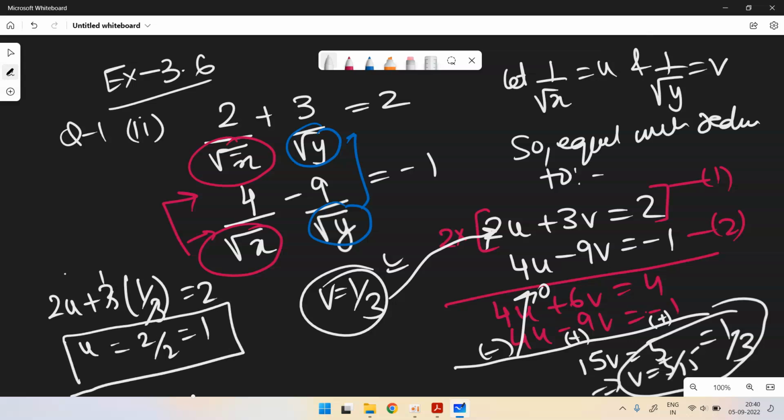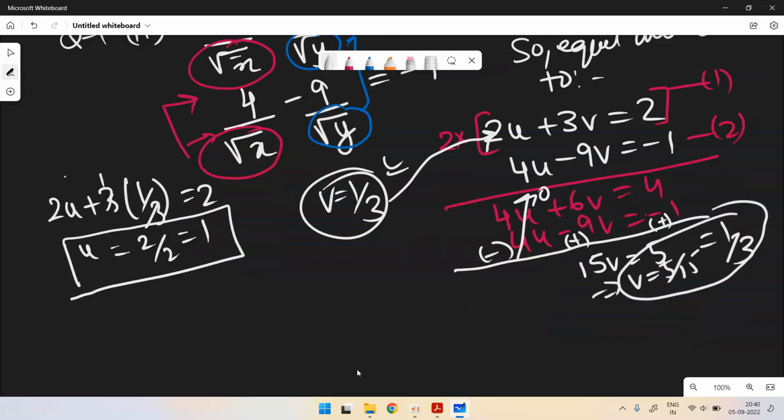Now we know what u and v are. But the question does not ask for u and v; it asks for x and y, where the equations had under root x and under root y. So you know that you have taken u as 1 by root x, and it is 1, which implies that under root x equal to 1, so x equals 1 square, which is 1.